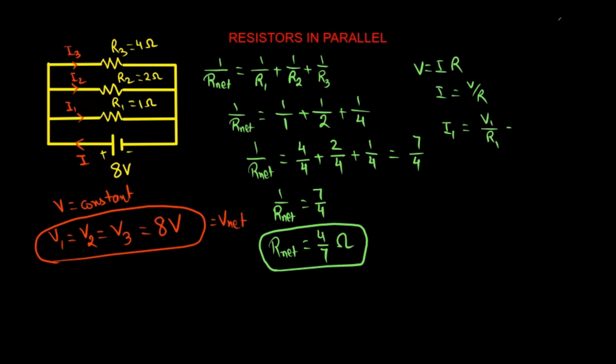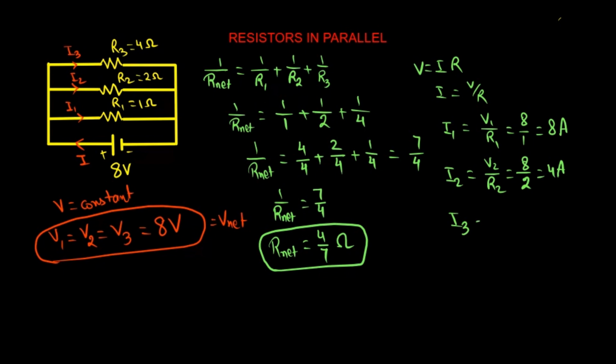V1, as we know, is 8 volt and R1 is 1. So I1 would be equal to 8 amperes. I2 would be V2 over R2. V2 again is the same value, 8 volt. So 8 over R2, which is 2, 4 amperes.